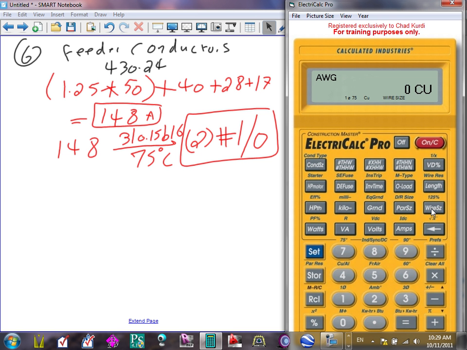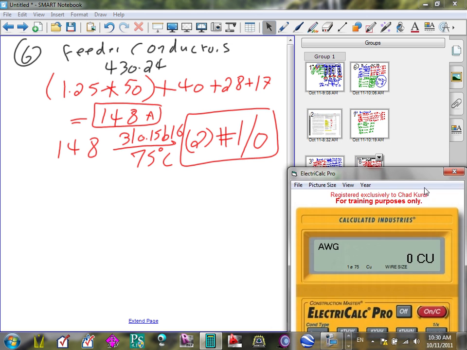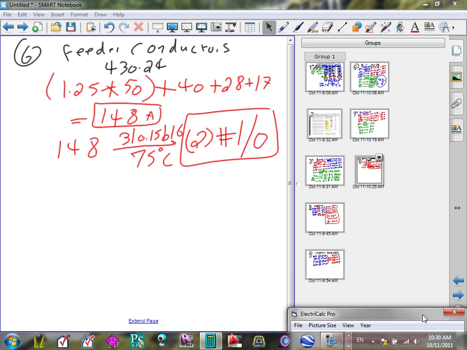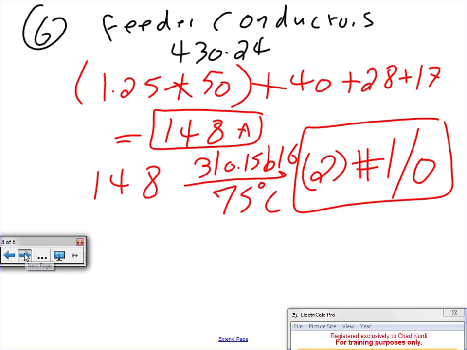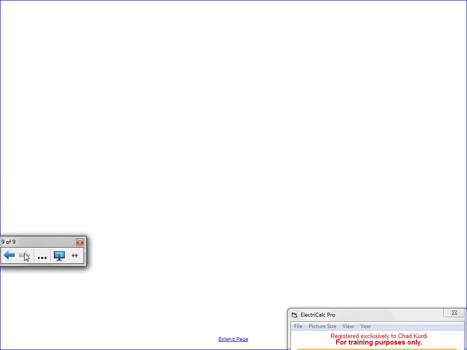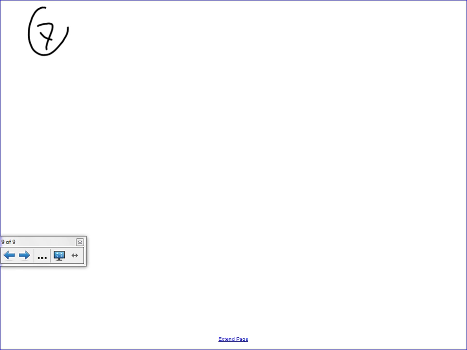the overcurrent protection device for the feeder. That's the fuse or the circuit breaker. Any question, guys, about this? Okay, so grab this, lower it down so we can hide it. Go up, and I'm going to go to the last thing that I need, which is number 7, feeder overcurrent protection device.